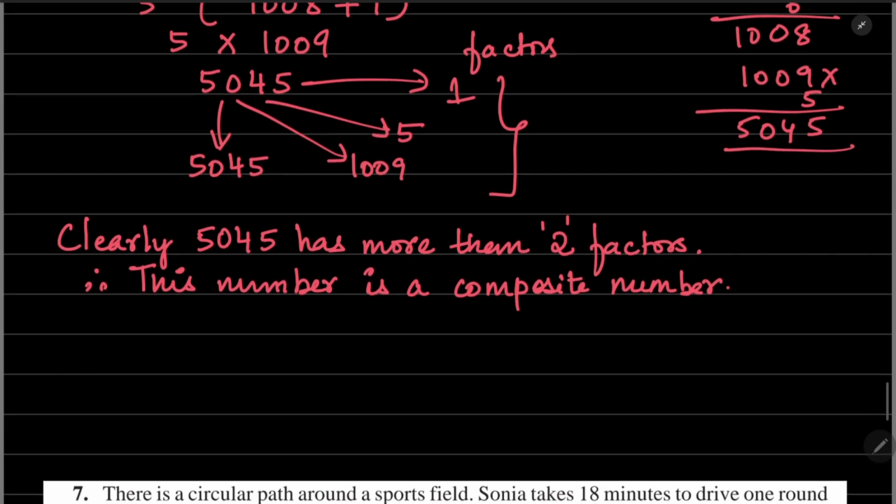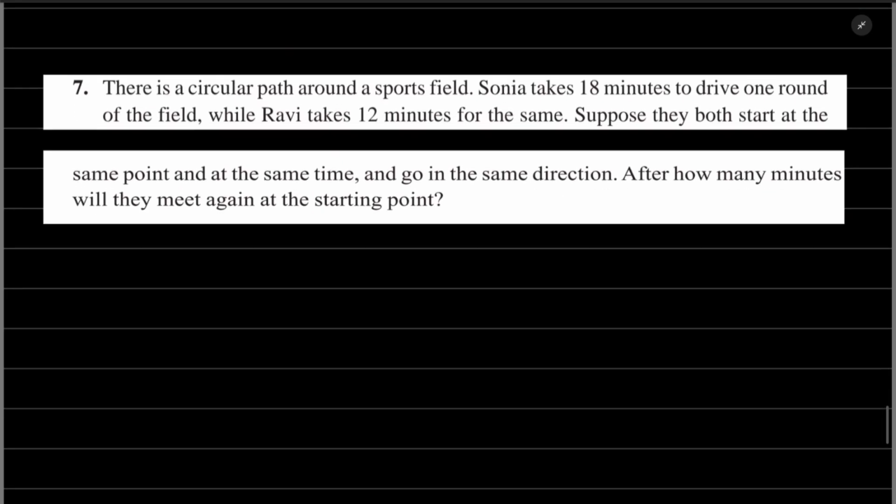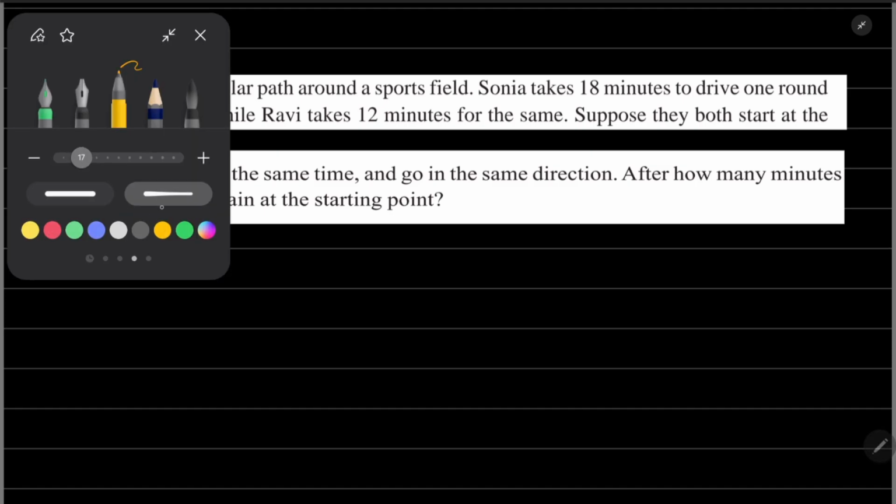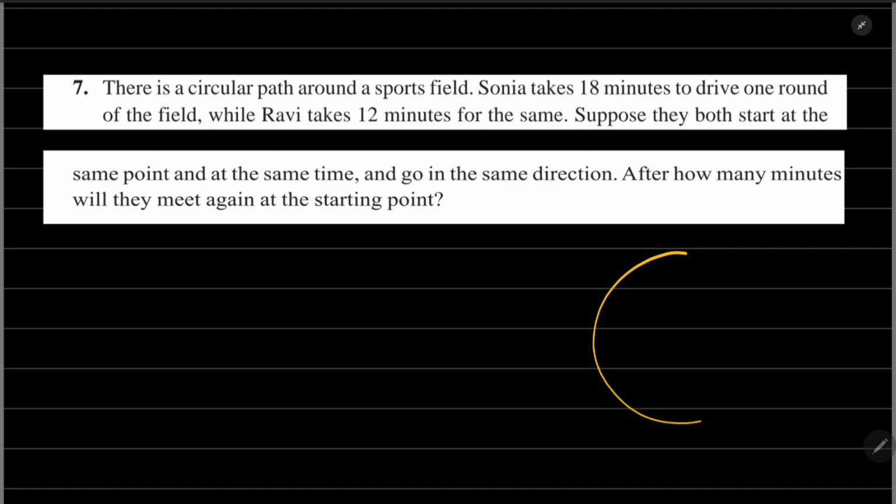Now, moving on to the next question. Again, a very, very important question with respect to word problems. You are given that there is a circular path around a sports field. Sonia takes 18 minutes. So let's draw a circular field here.